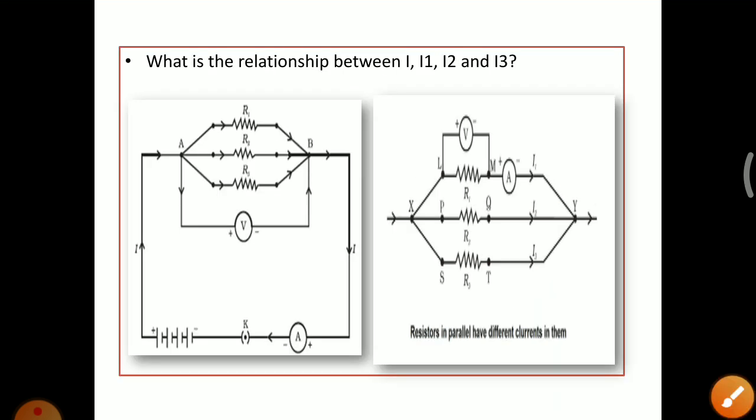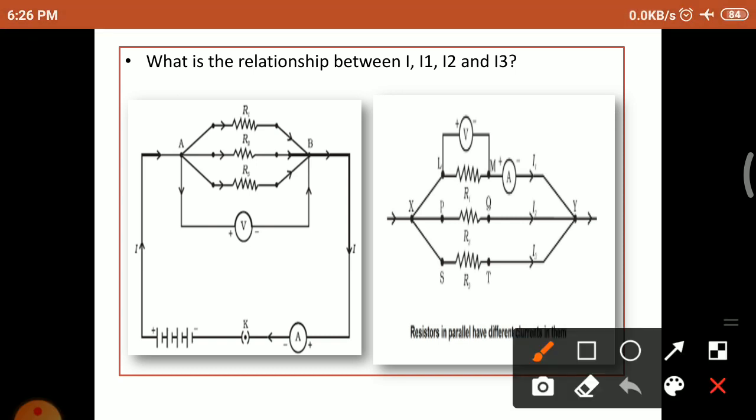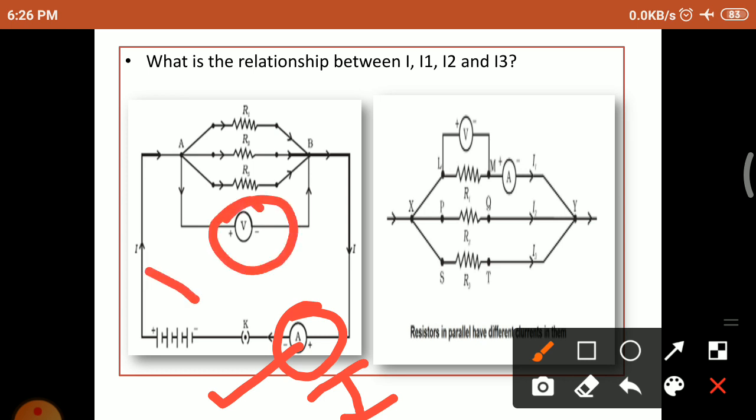So what is the relationship between I1, I2 and I3? See the first circuit. In this circuit I measured the potential difference, that is the voltage V. After I connected the voltmeter across R1, R2 and R3, I got the same value.